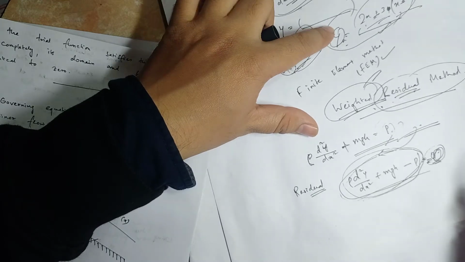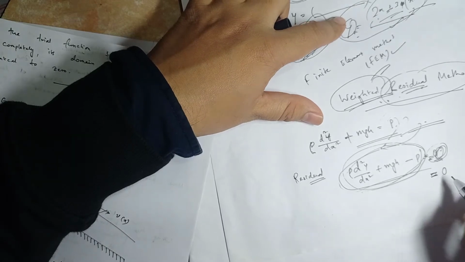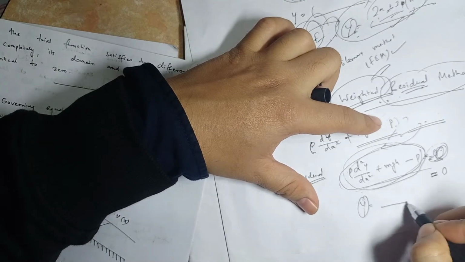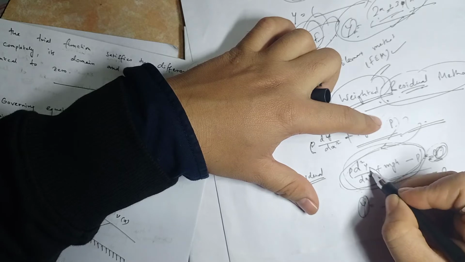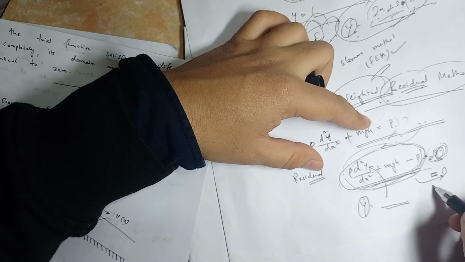Now see, we will call this equation completely satisfied if we find an expression for y, and if we plug it in here, the entire equation gives 0.